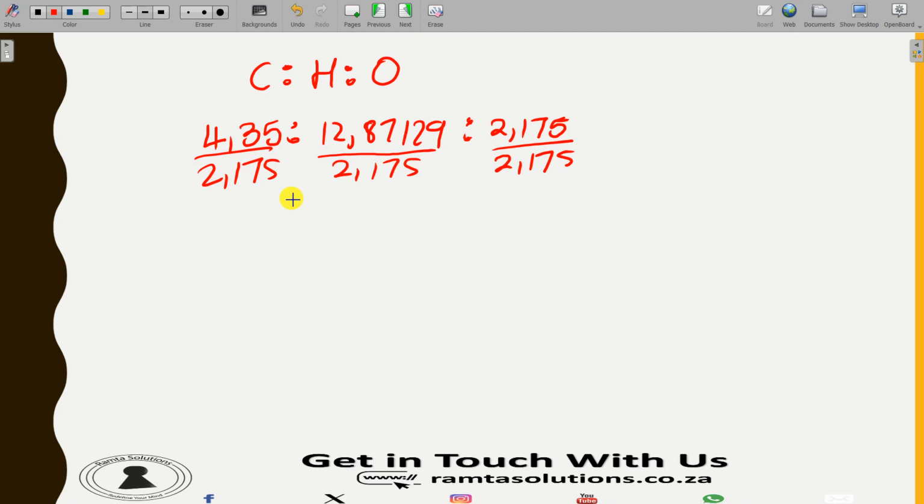So this is 4.35 divided by 2.175, which is 2.